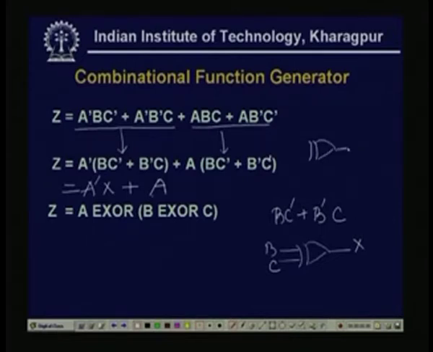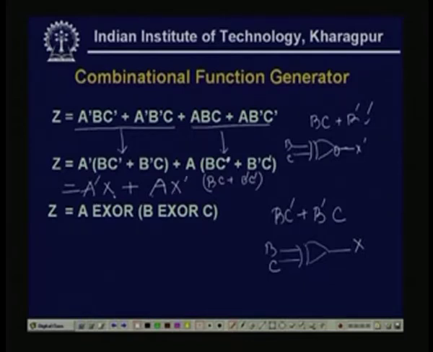Already we have seen that this is X NOT, that means this is my X dash, that is B C plus B dash C dash. So here B C dash will not be there; this is B C plus B dash C dash. This is my X dash.